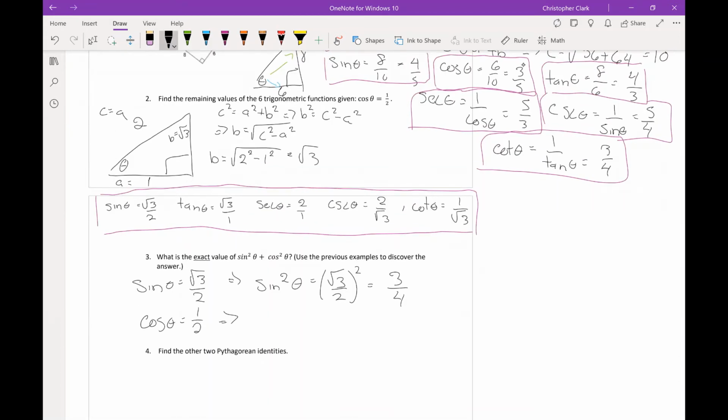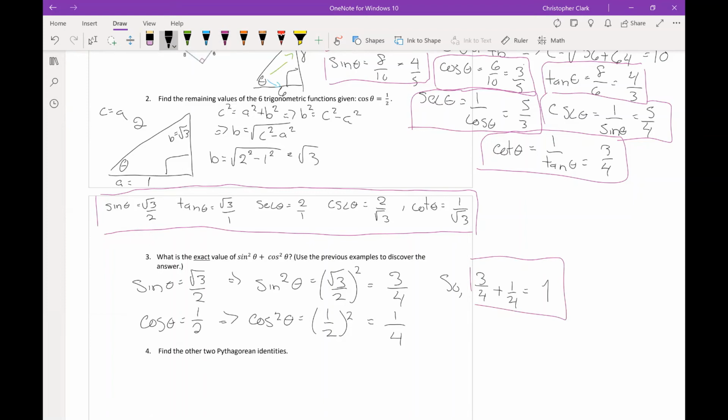So we're just going to go ahead and square both sides to get cosine squared theta equals 1/2 squared equals 1 over 4. So 3/4 plus 1/4 equals 1. And that is exactly what we expected.